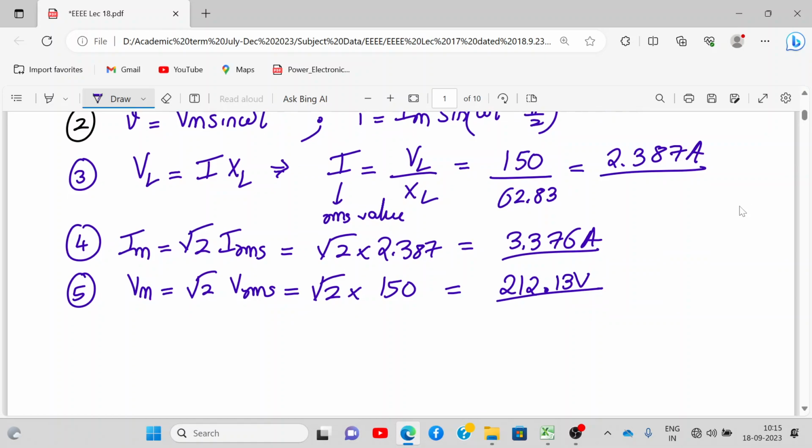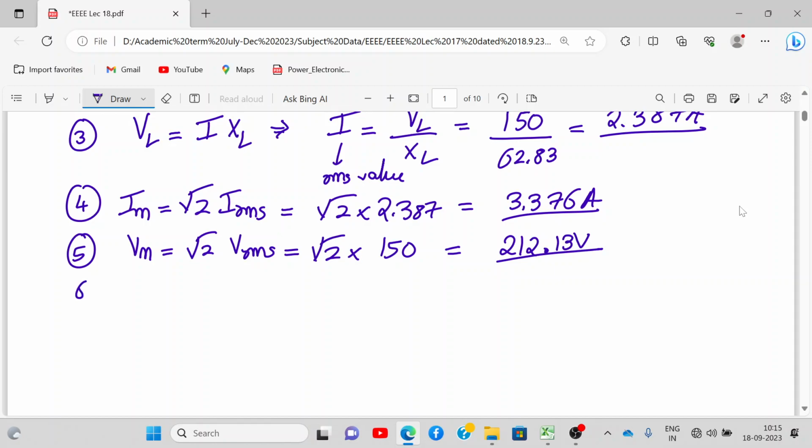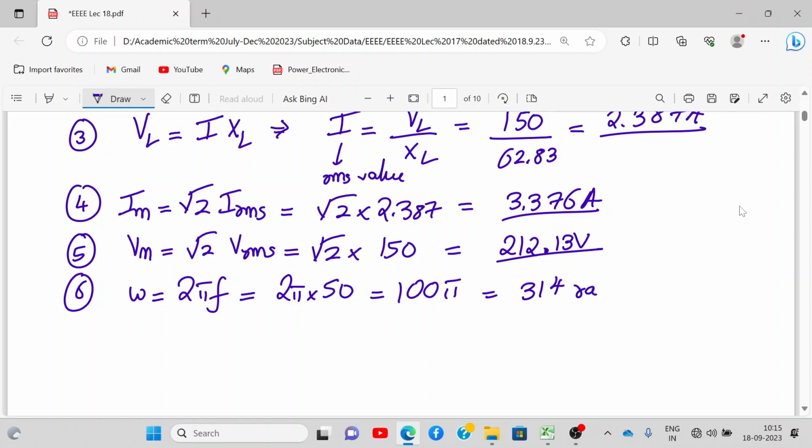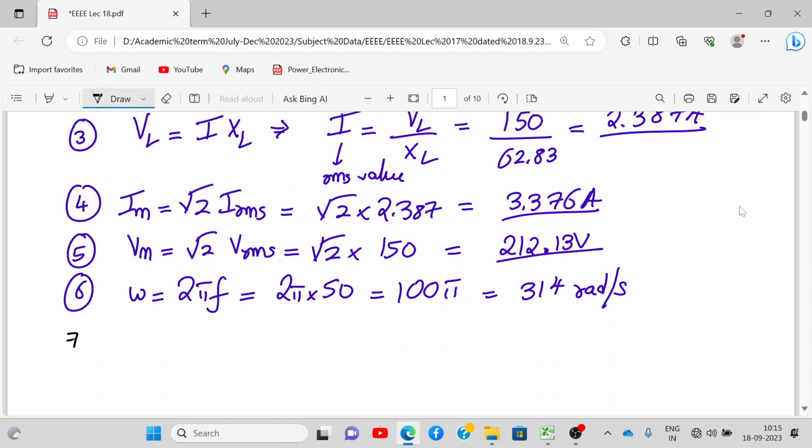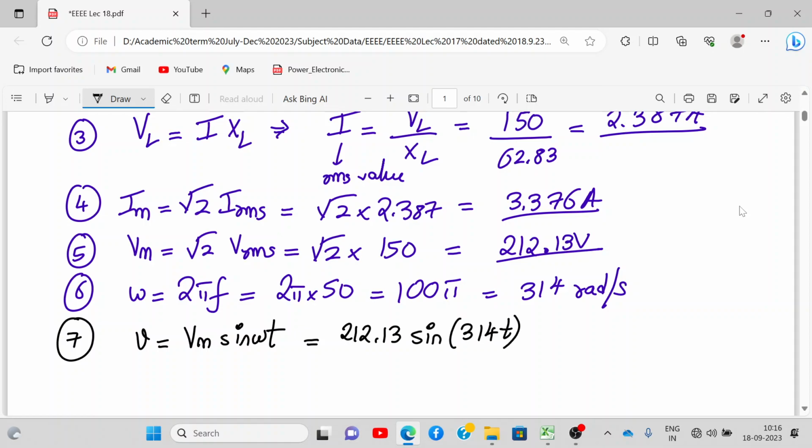Same? Okay. Then we calculate omega. Omega is 2 pi f, that is 2 pi into 50, which is 100 pi. That is nothing but 314 radians per second. Now we can write the expressions of V and I. V will be Vm sin omega t, where Vm is 212.13, so 212.13 sine of 314 t.